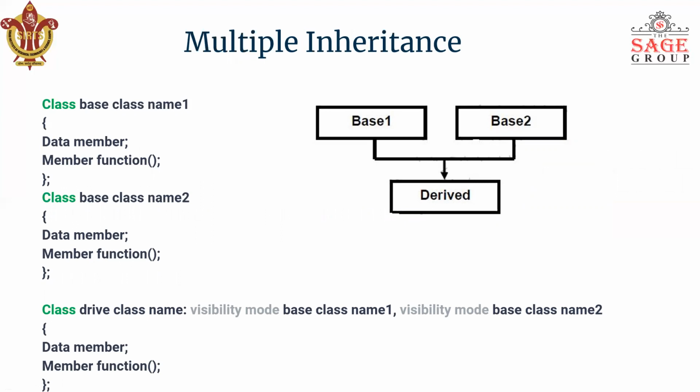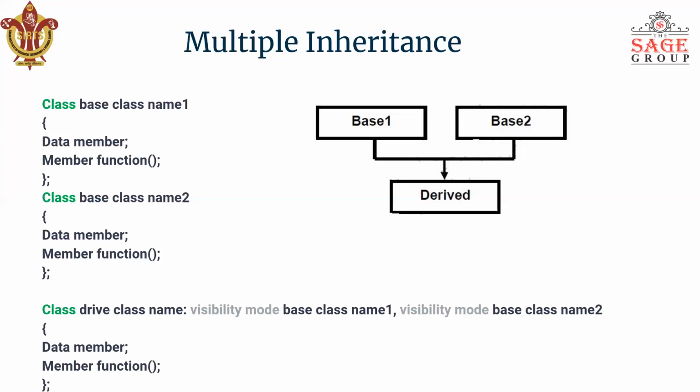Inside that class we declare data members and member functions. When these are declared in base class 1, we close that class. Now we declare another class, base class 2, using the syntax class, then the base class name, then open the body. After that we declare the data members and member functions of base class 2, and then terminate base class 2.